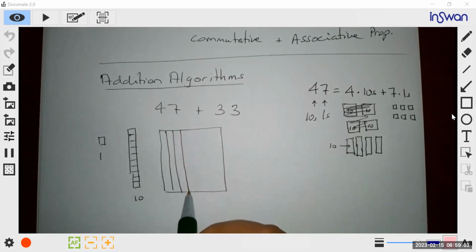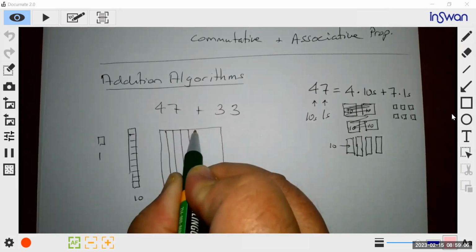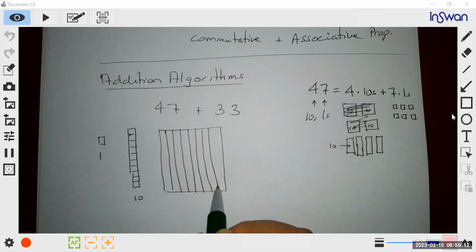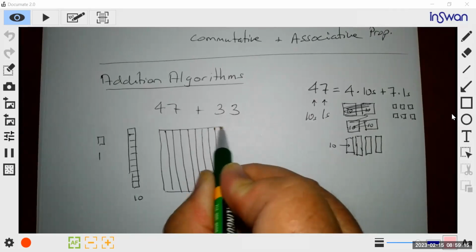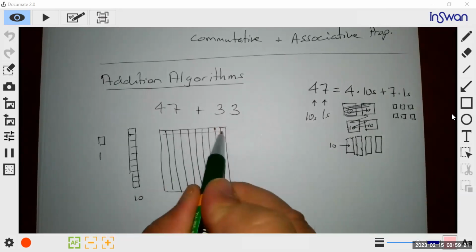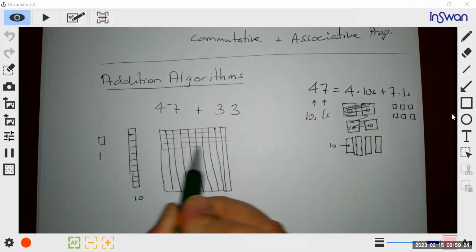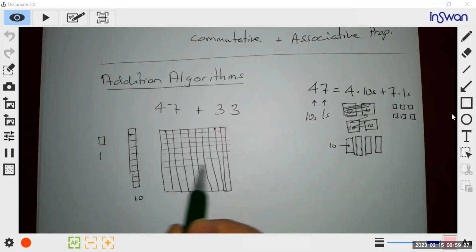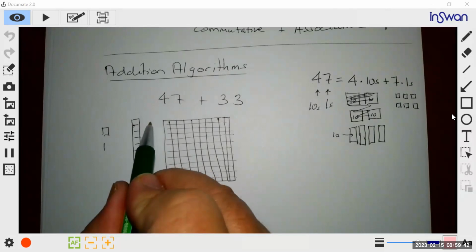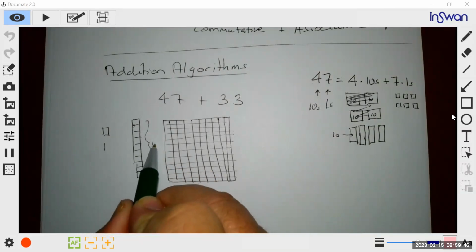2, 4, 6, 8, 9, 10. So there are 10 rows and 1 column.